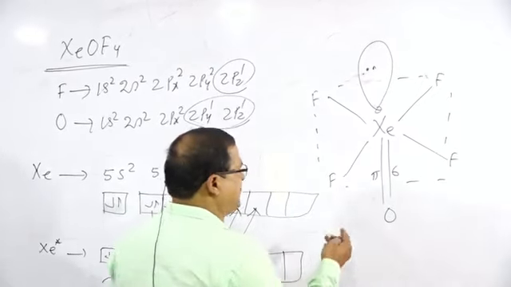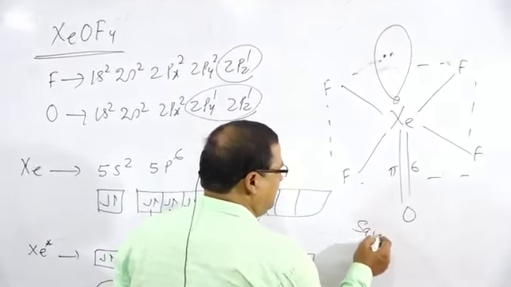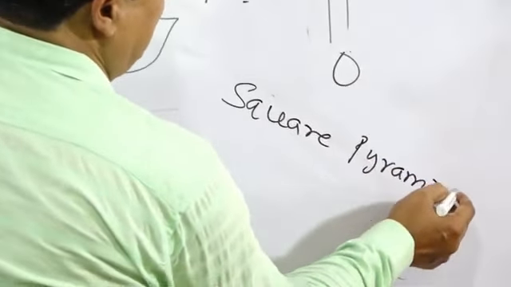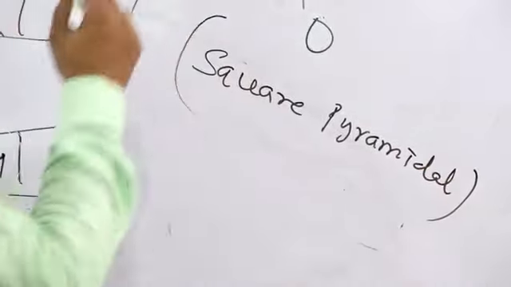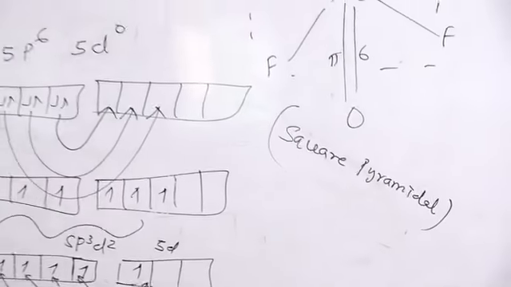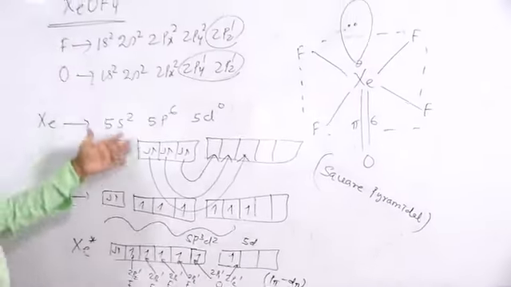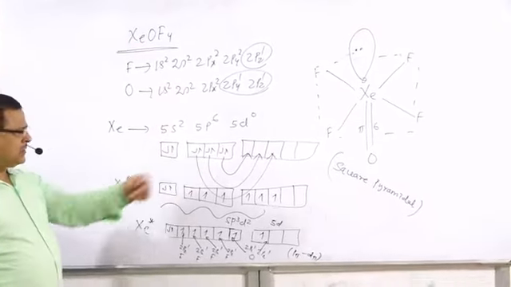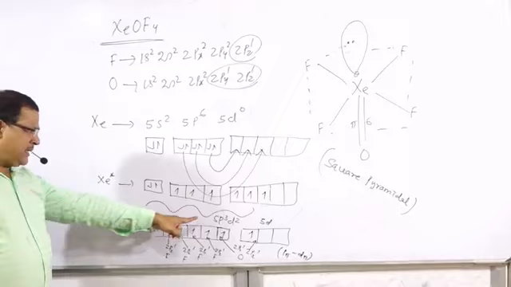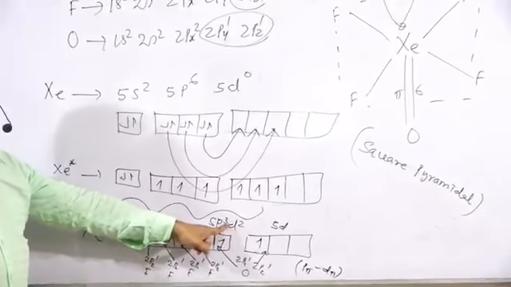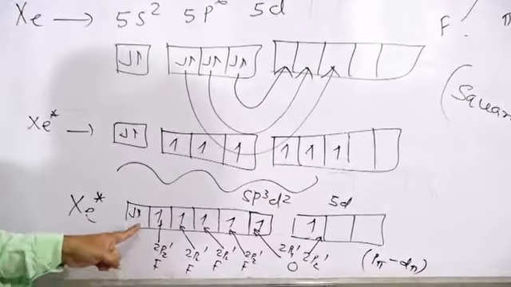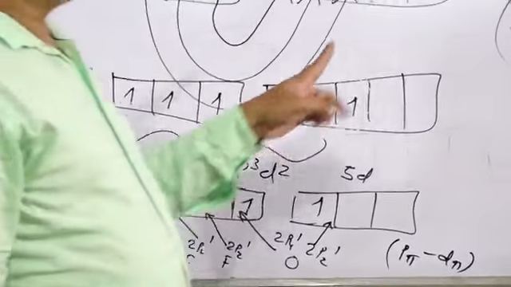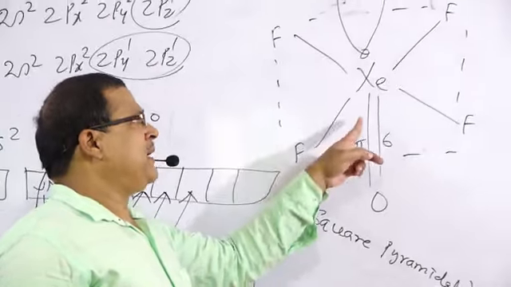So according to VSEPR theory, it is square pyramidal structure. So this is regarding the formation of xenon oxytetrafluoride compound structure, that contains sp3d2 hybridization and one lone pair of electrons.